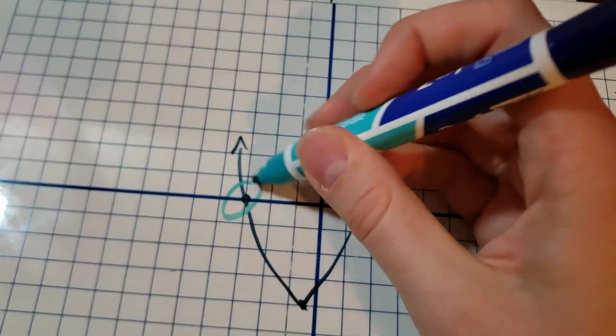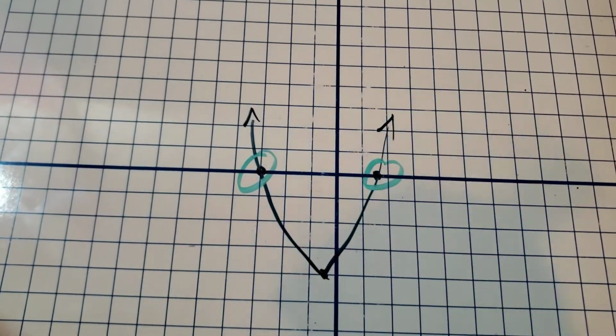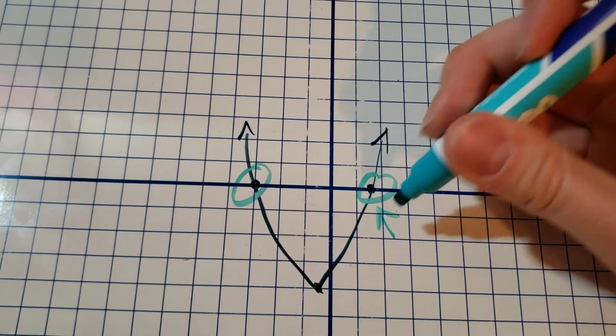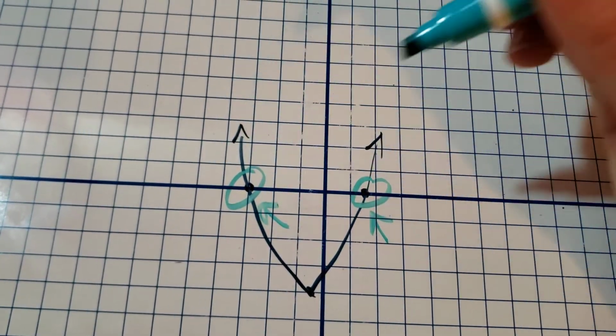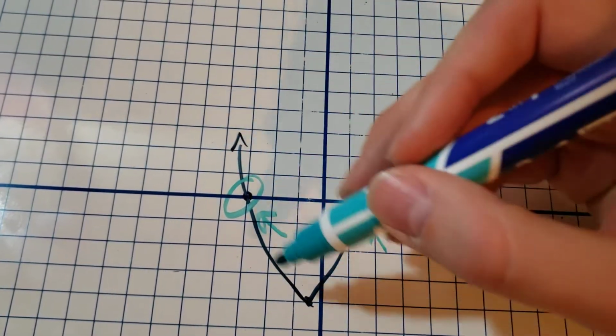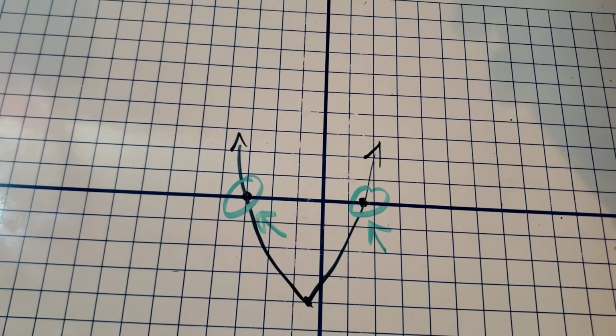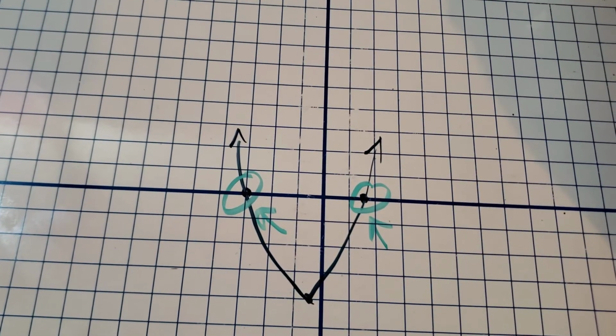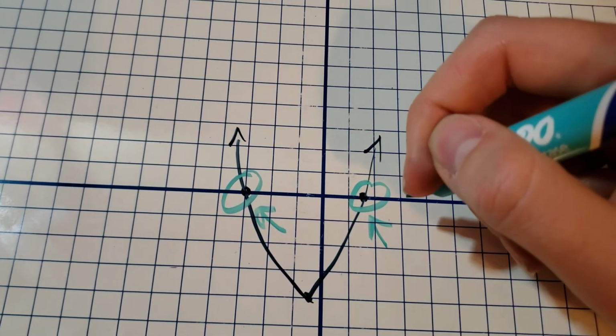These guys right here. It is important to know the x-intercepts, and that's what we've got right there. So this is just a kind of generic quadratic. I don't even know what the formula is for this one, but these are the zeros.